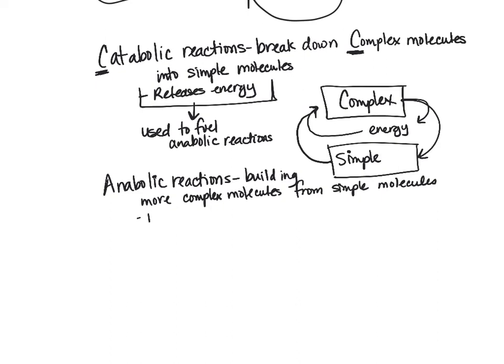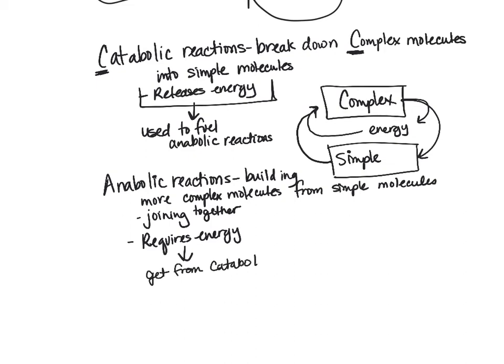In this case, we are joining together our simple molecules and building them up into complex ones. And this, of course, doesn't release energy, but it requires energy, which we get from catabolic reactions. So we have this breaking down and building up.